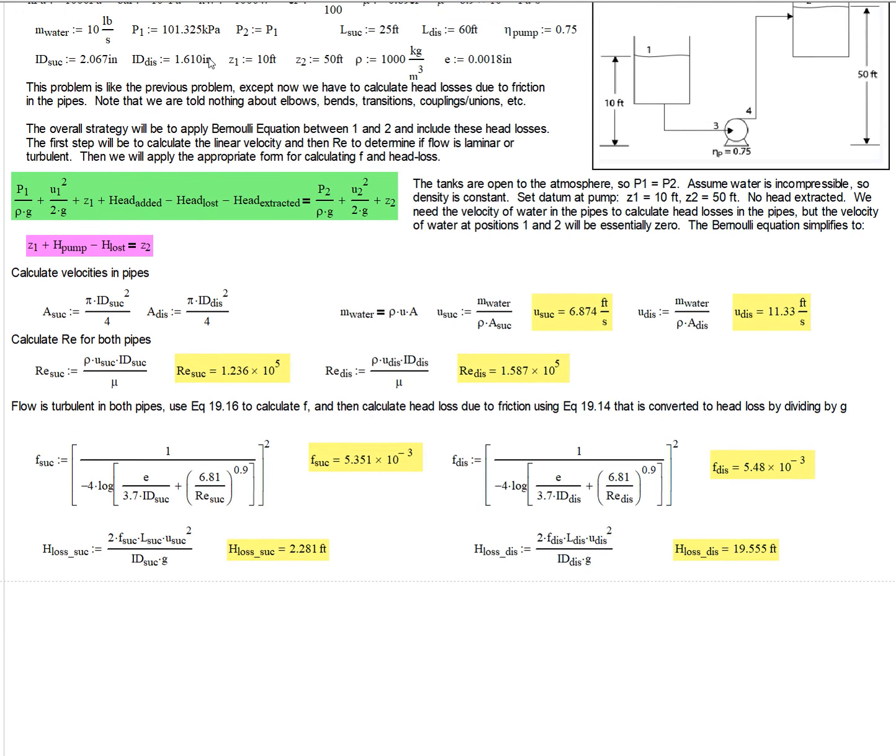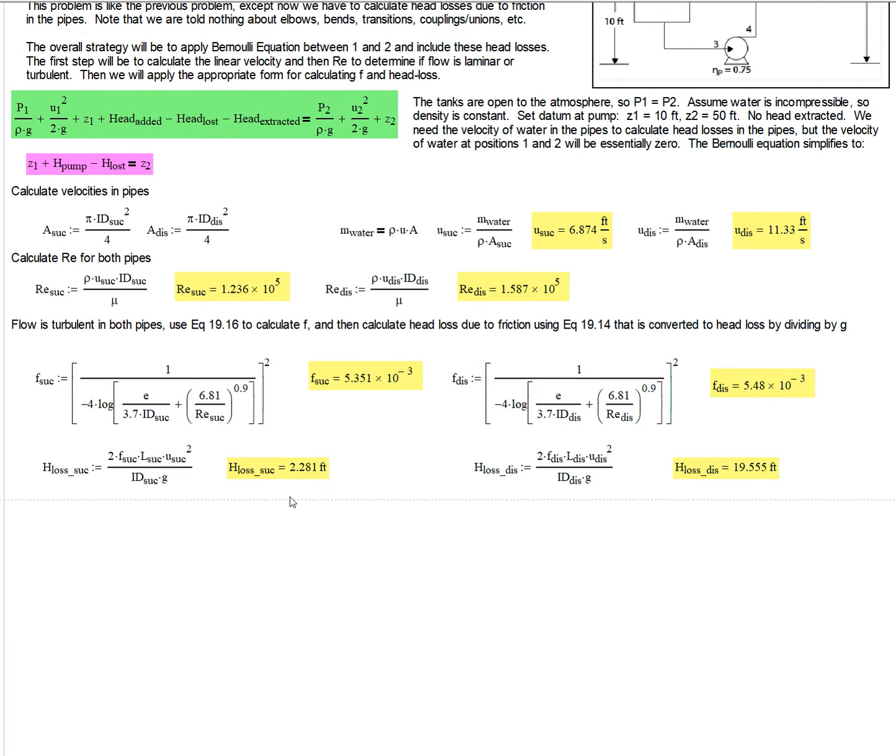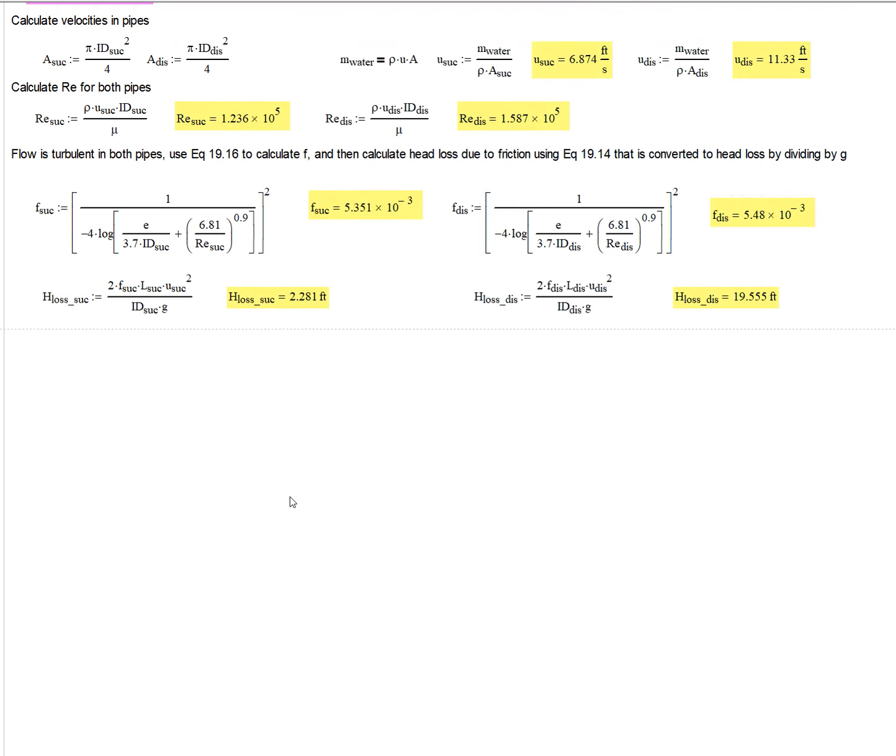Well, we were told that the length of pipe on the suction side is 25 feet. The length of pipe on the discharge side is longer, so that makes sense. Also, the inner diameter of the discharge pipe is smaller, and so that is why the head loss on the discharge side is so much larger than the head loss on the suction side. On the suction side, we have shorter pipe with a larger inner diameter.